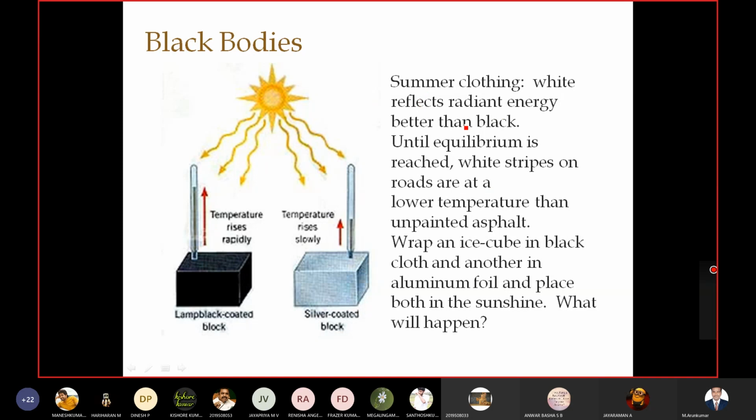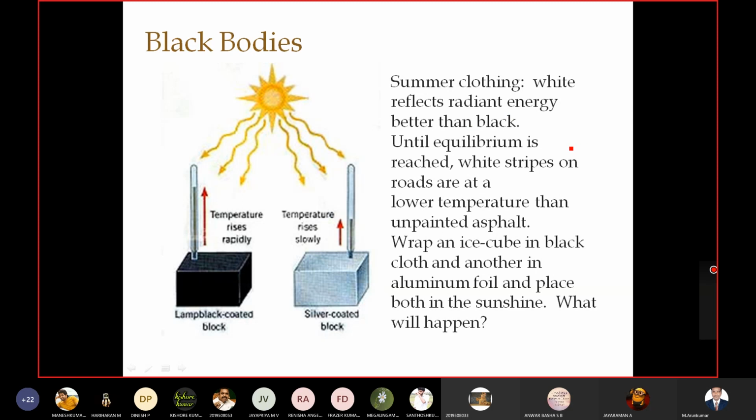You may feel the temperature difference while wearing a black shirt and a white shirt in summer. The black body will absorb more heat than the white cloth.